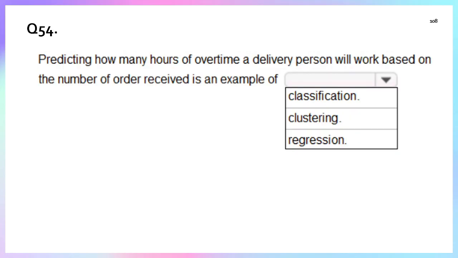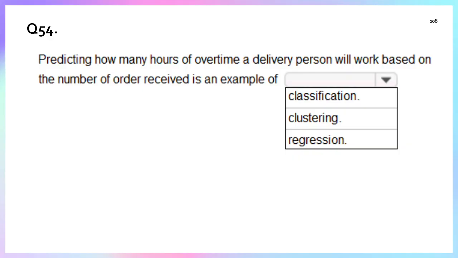Question number 54. Predicting how many hours of overtime each delivery person will work based on the number of orders received is an example of classification, clustering, or regression. See, clustering is something in AI in which grouping happens, right? So clustering is not the correct option. Classification is where we can categorize the object.